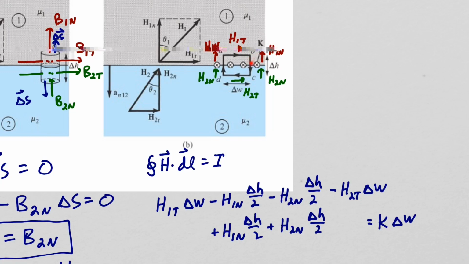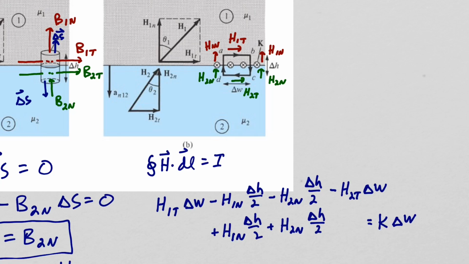From the interface to C, we'll get minus H sub 2 normal times delta H over 2. When we go from C to D, we'll get minus H sub 2 tangential times delta W. From D to the interface, H sub 2 normal times delta H over 2. And from the interface to A, H sub 1 normal times delta H over 2.